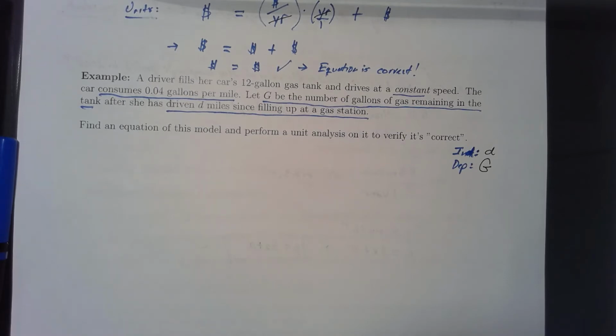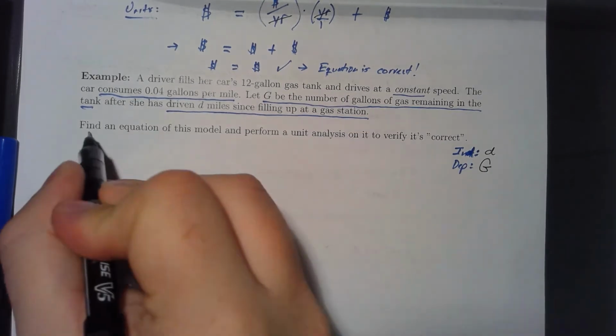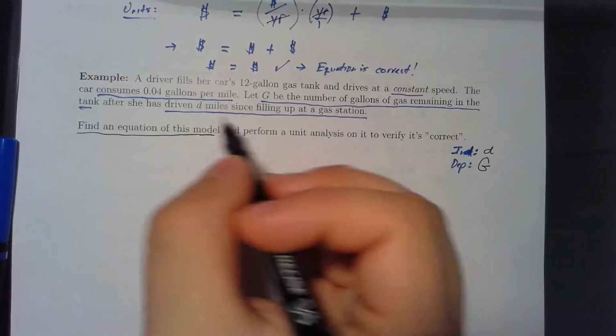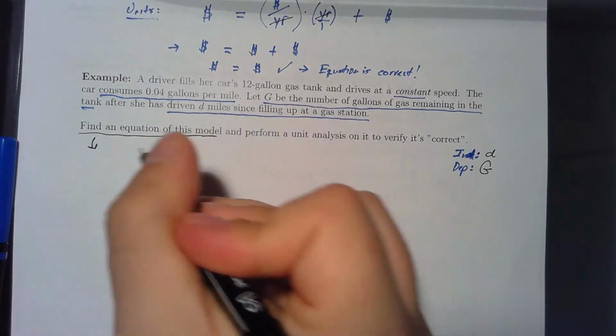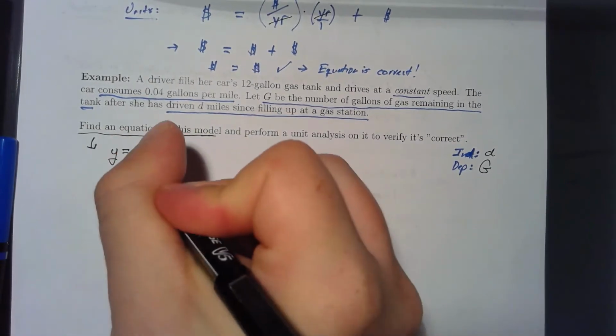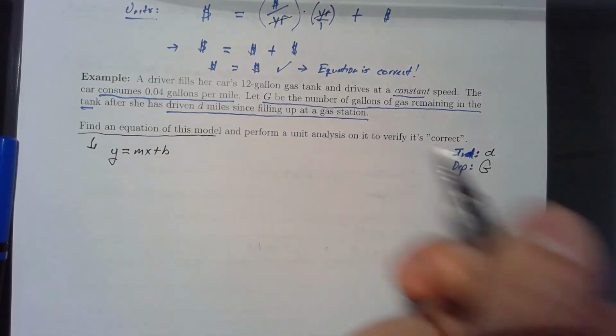So, all right, now that we know that, we want to set up a linear equation. So we want to find an equation of this model. That means we want to find something that takes the form y equals mx plus b.